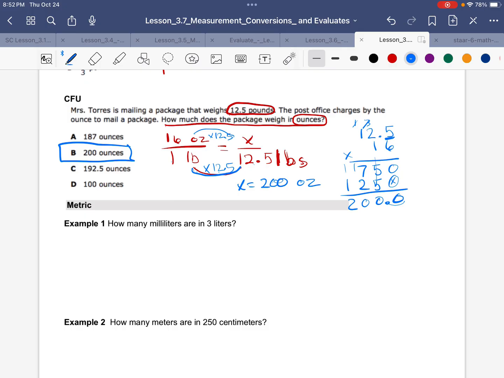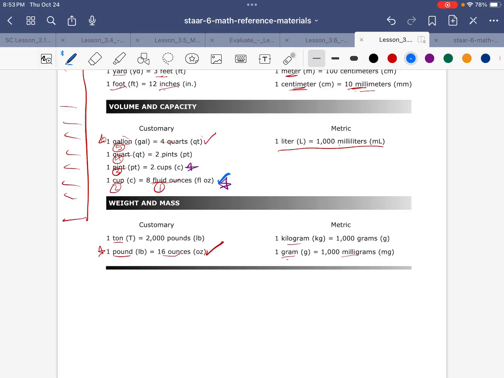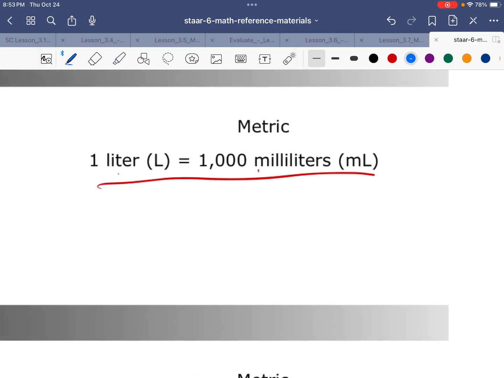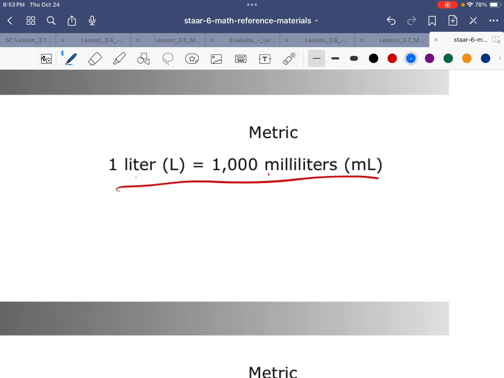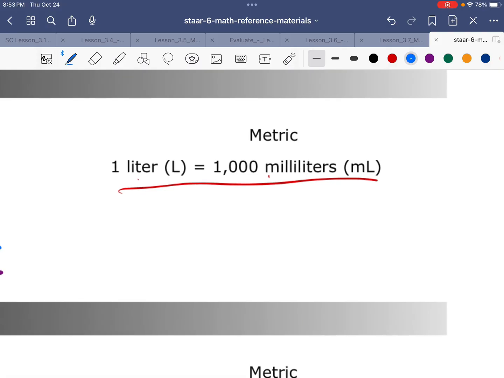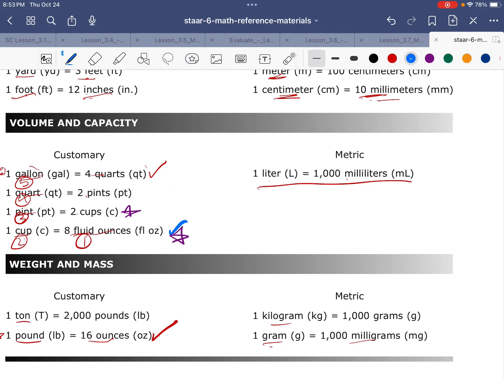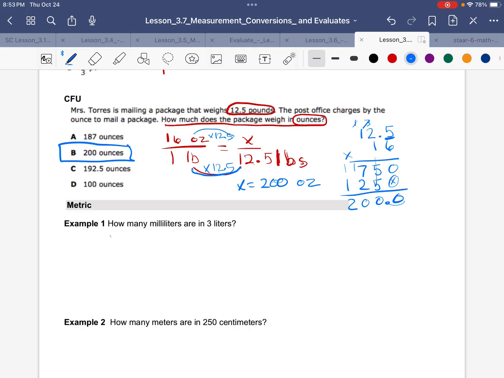So let's do a little conversion with the metric system now. How many milliliters are in 3 liters? Right here, 1 liter is 1,000 milliliters. So 1 liter is 1,000 milliliters.